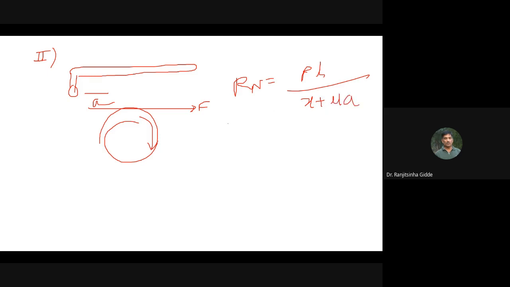Now, if this is clockwise, then this is the equation. If it is anti-clockwise, then PL upon X minus mu a. Okay, remember this.